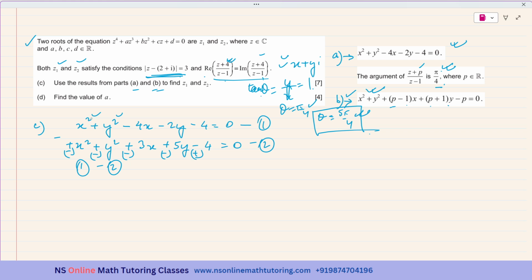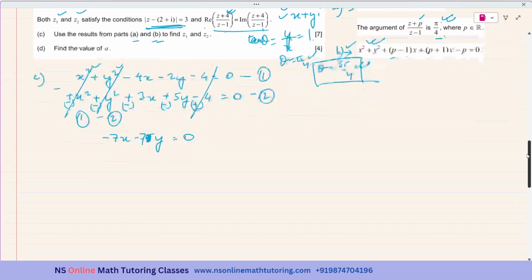And now we will be adding, so x square minus x square cancel, y square minus y square cancel, minus 4 and plus 4 cancel. So I get minus 4x minus 3x is minus 7x, minus 2y minus 5y is minus 7y, and is equal to 0.